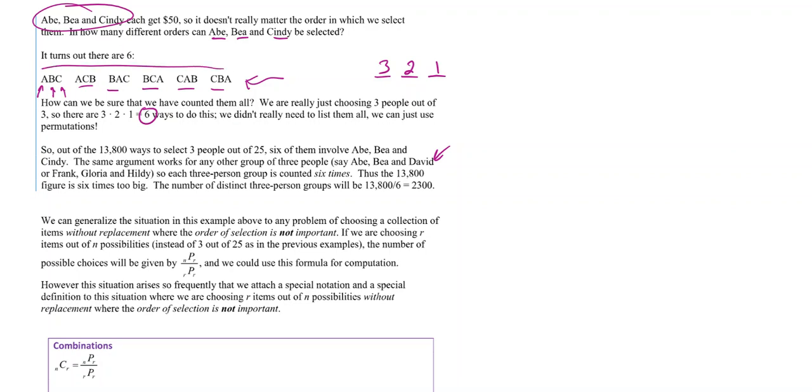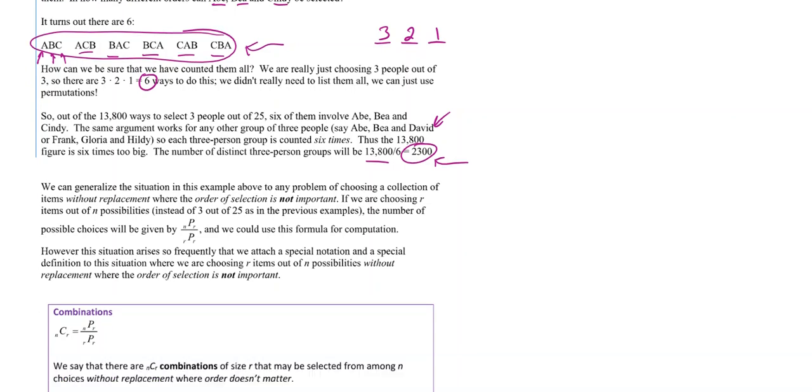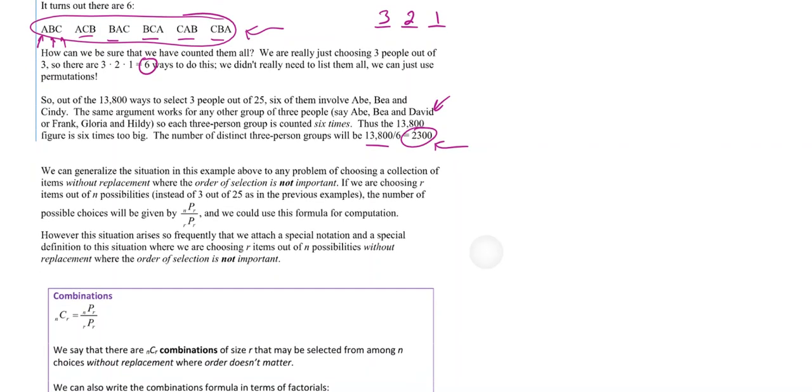Because there are these 6 different possibilities. So really what we've got to do is 13,800 divided by 6. And that would tell you how many ways just the 3 of them could receive a gift certificate. The order doesn't matter. And that's going to be important when we get into combinations, right?